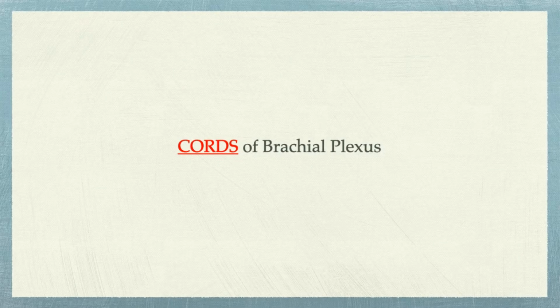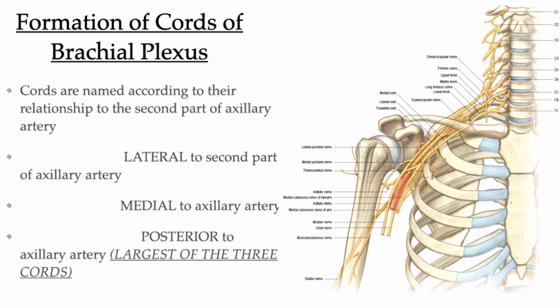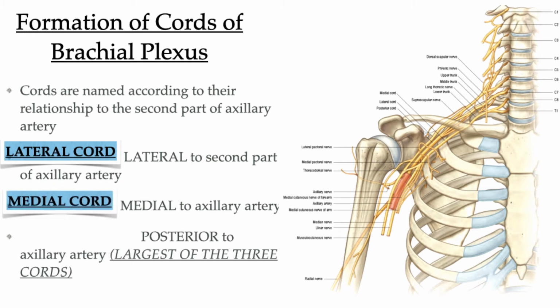Now let us start with the details of the chords of the brachial plexus. The brachial plexus consists of three chords. They are the lateral chord, medial chord, and posterior chord. These chords are so named on the basis of their relation with the second part of the axillary artery, which means that the lateral chord is laterally related to the second part of the axillary artery.